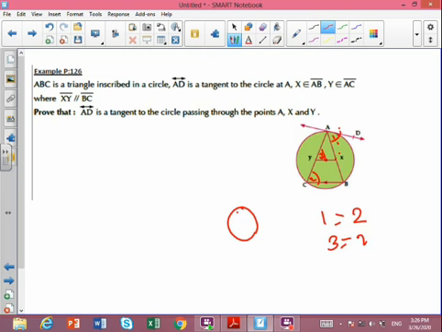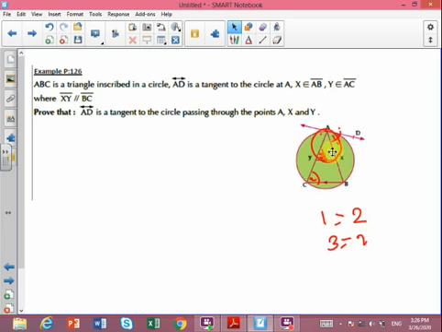Since angle DAX equals angle AYX, if I put the circle here again, you can imagine that this is the angle of tangency of the circle I had drawn through A, X, Y, and this is the opposite inscribed angle. So since DAX equals AYX, which is angle 3, AD is a tangent to the circle passing through the points A, X and Y.